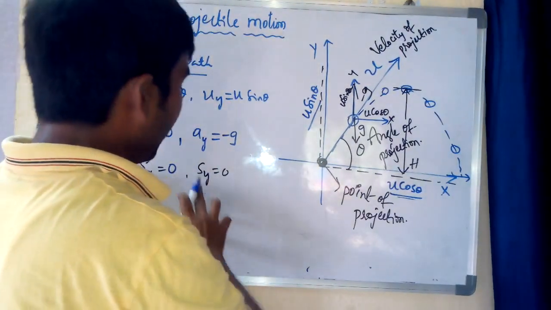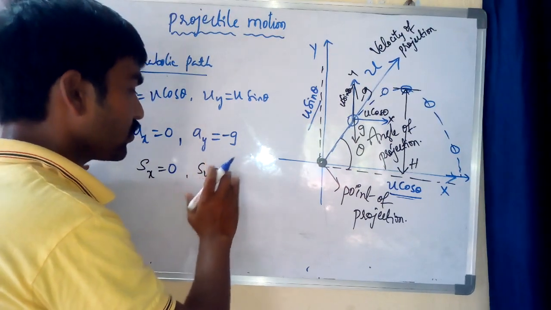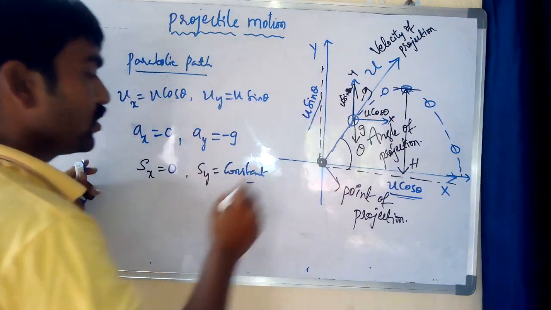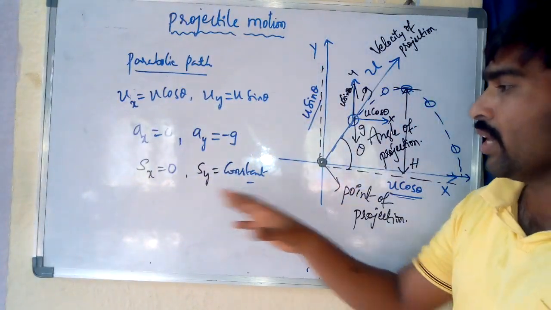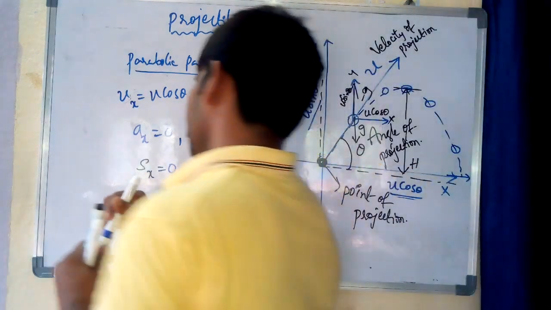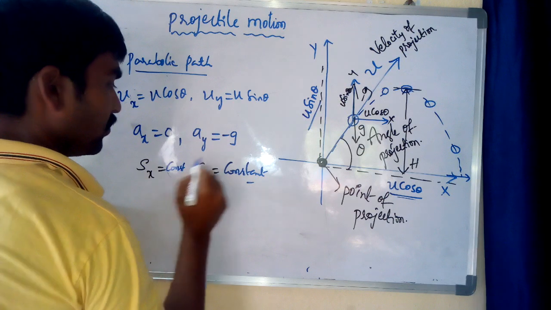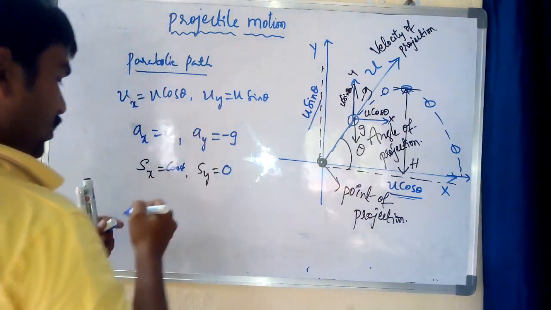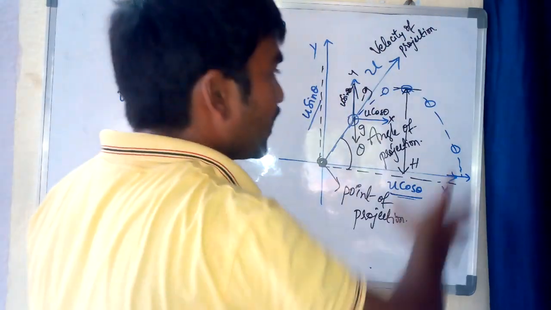Along the y direction, the displacement is a constant value, and it becomes 0. It is equal to 0. So these are the values we are getting about projectile motion.